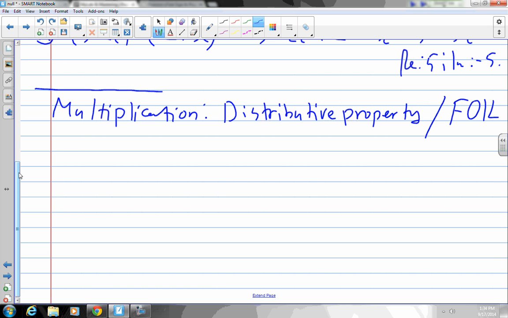So then, again, you just treat i as you treat any other variable. So i times i is i squared. You just have to remember that i squared is something nice. What is i squared? Negative 1.